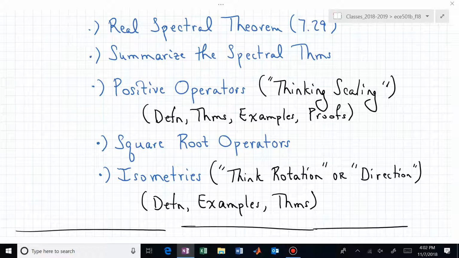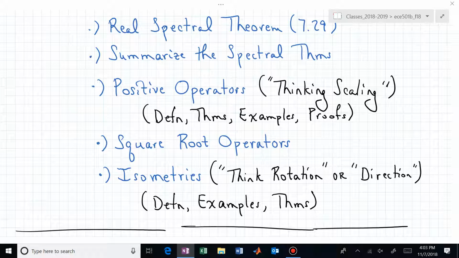Think of these positive operators like we're scaling something, and we'll talk in terms of definitions, theorems, examples, and proofs. Then we will introduce, if we have a positive operator, you can think of that like a positive number. We can take the square root of that. We can now have square root operators.